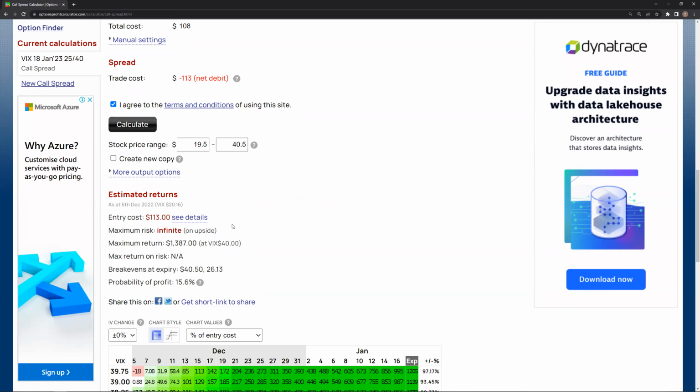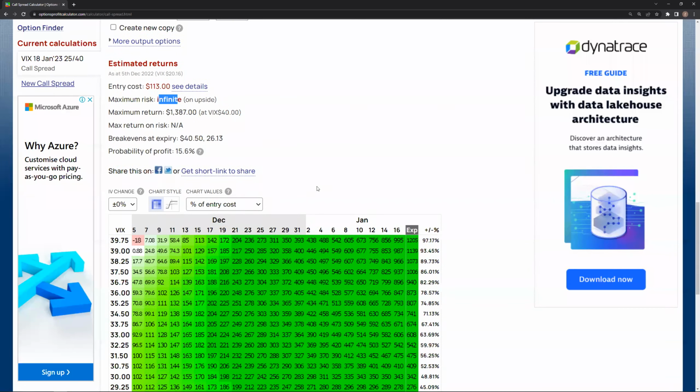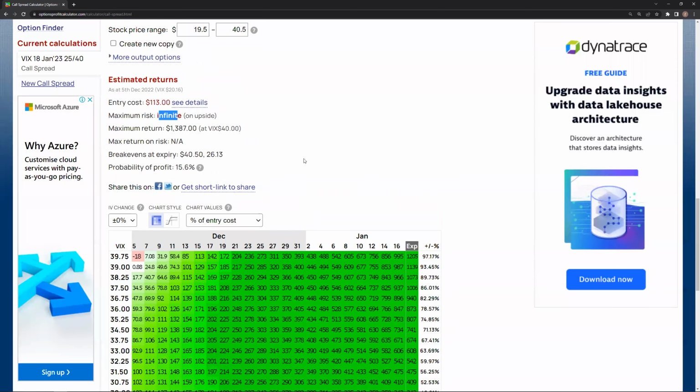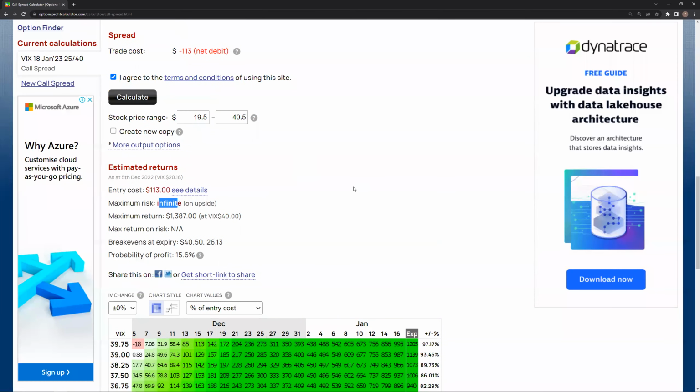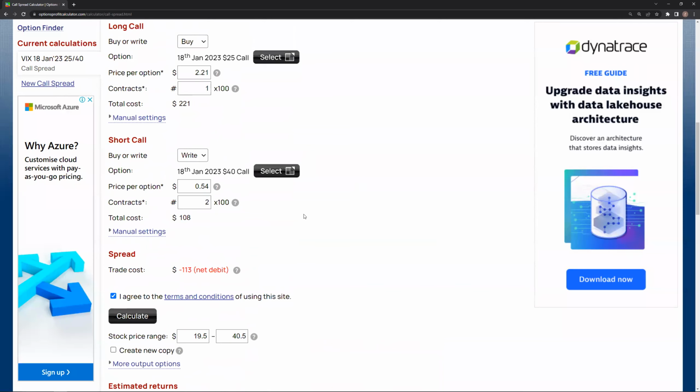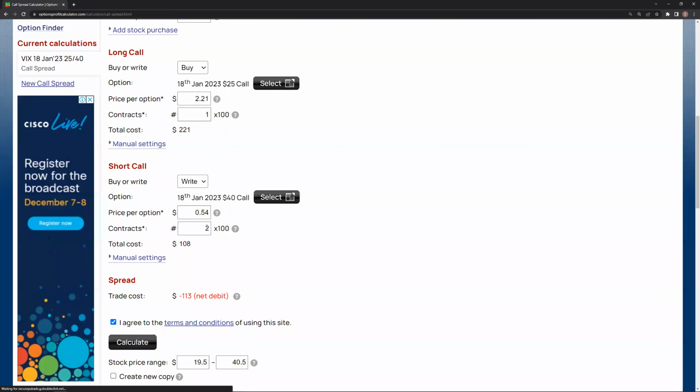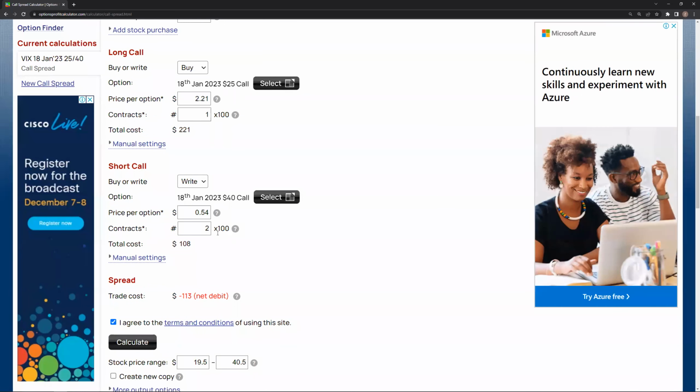1,387. But one thing you will notice is now the maximum risk is infinite, even though you can calculate lah. If VIX goes beyond a certain level, because you are short selling 2 contracts, you will start to lose more and more and more.